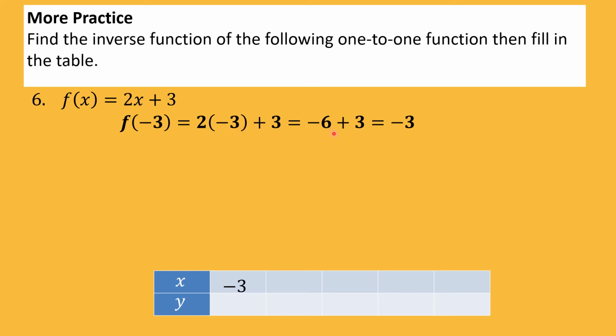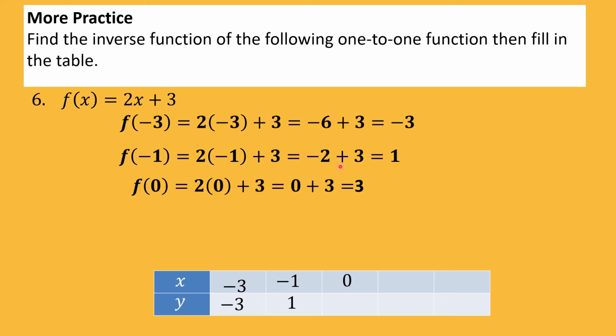That is equal to negative 6 plus 3. That is equal to negative 3. Next is negative 1. So, f of negative 1 is equal to 2 times negative 1 plus 3 is equal to 2 times negative 1 is negative 2 plus 3. That is equal to 1.